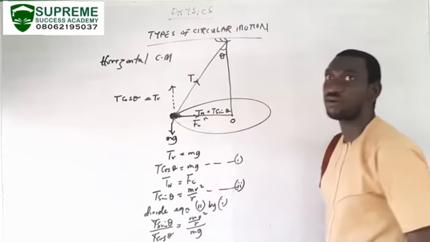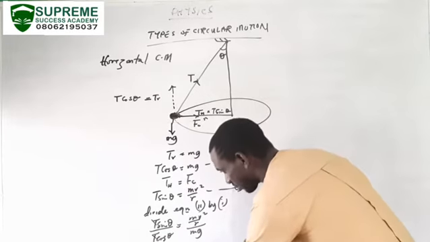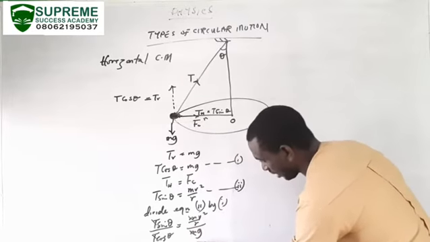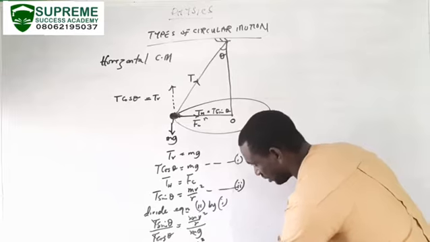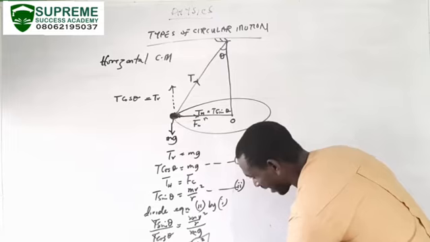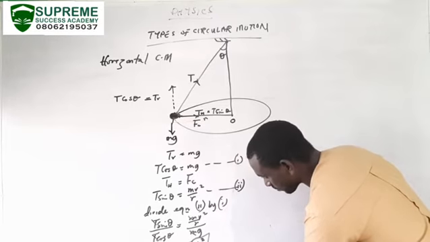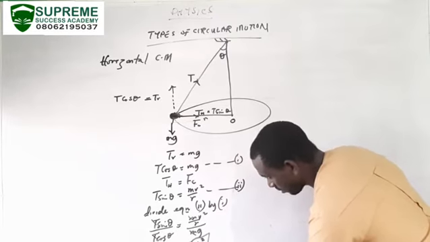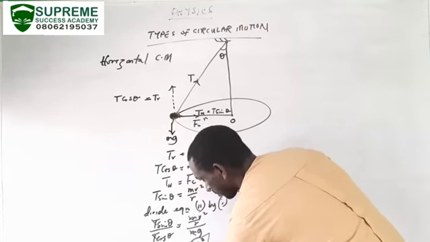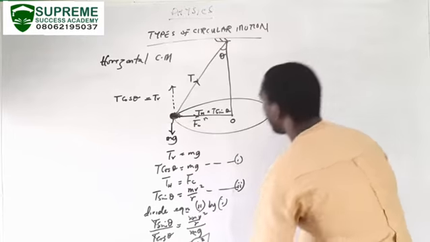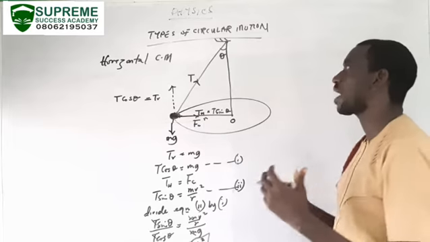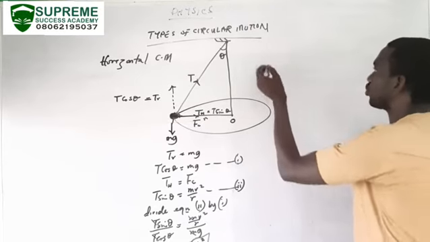Your sin theta over cos theta gives us the trig identity called tan theta, equals, your mass cancels mass, then you have v squared over rg. This theta is what we call the banking angle. So these are the formulas you need to do any question on horizontal motion.